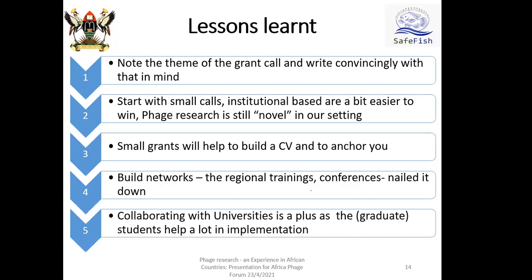Also at conferences, even if you did not get a chance to talk to someone, you just get an abstract book and see if there's someone who has similar work to what you are interested in. And you just write to that person: we presented at this conference together, and I'm interested in such work.